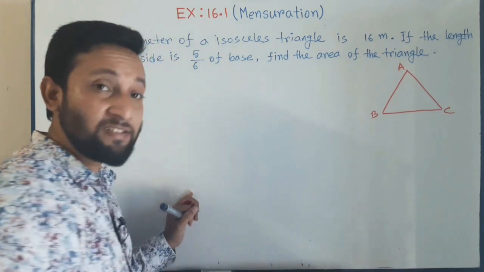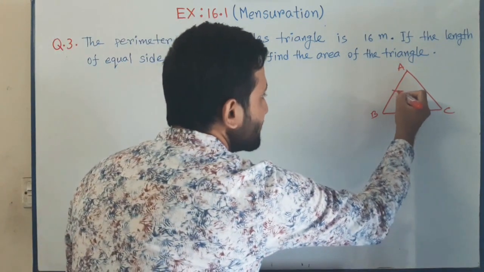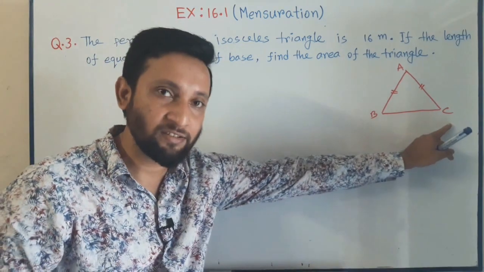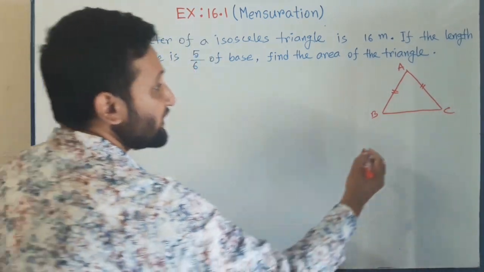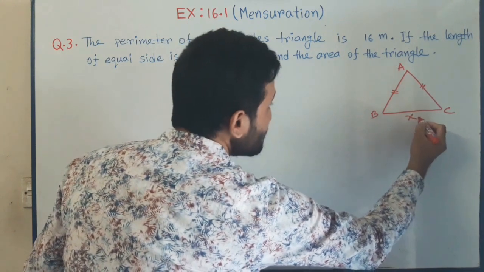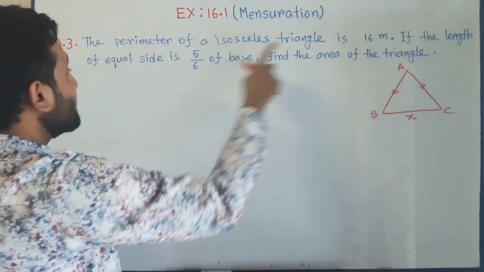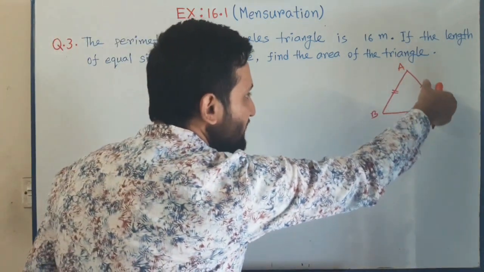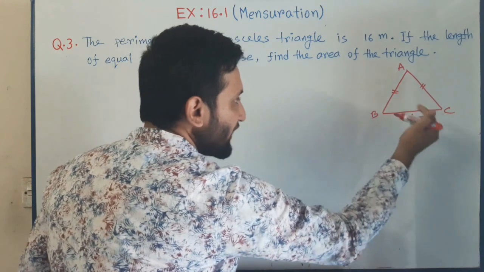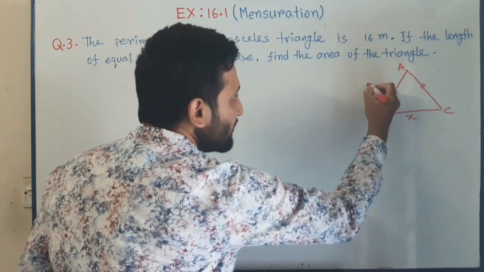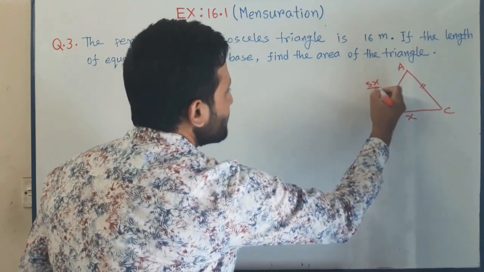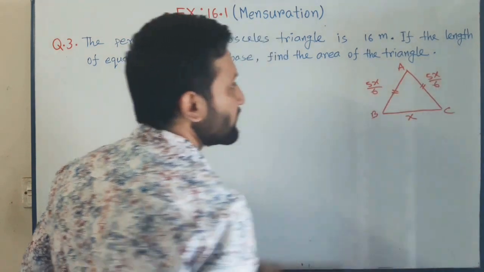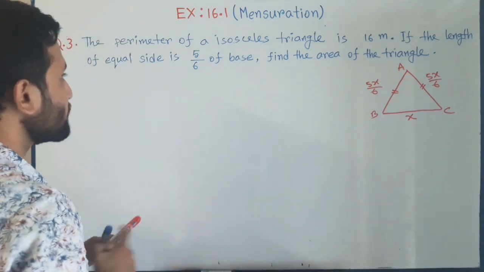So imagine ABC is an isosceles triangle where two sides, AB and AC, are equal. So BC is the base. If the base is x meter, according to the question the length of the equal side is 5 by 6 of the base, so the equal sides AB and AC are 5x by 6 meter each. Now follow the solution process.